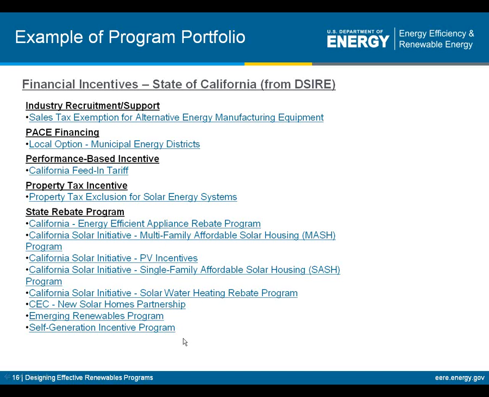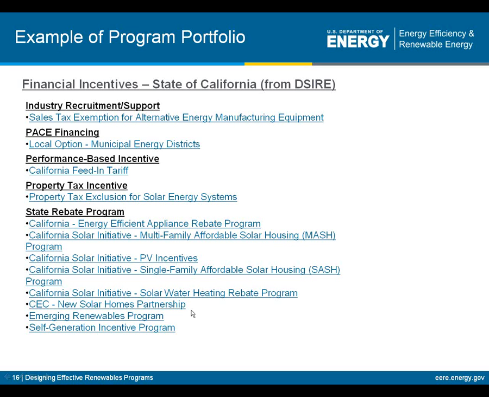But even within their rebate programs, they have a number of different targeted program designs that are helping to support different subsets of their consumers. So Solar Hot Water has a specific rebate program and also is provided a rebate through their energy efficiency appliance program. The low-income housing is supported through two different programs, a multifamily affordable housing and single-family affordable housing program.